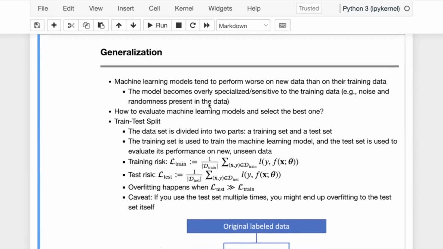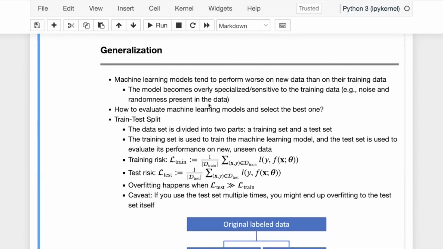Something that is important in machine learning is that what we really care about is the generalization of machine learning problems. And just to show the difference, when we do training, we can develop machine learning models that can literally memorize the data that they have seen. But what we really care about is how well this machine learning model that we have trained generalizes to new or unseen data points.